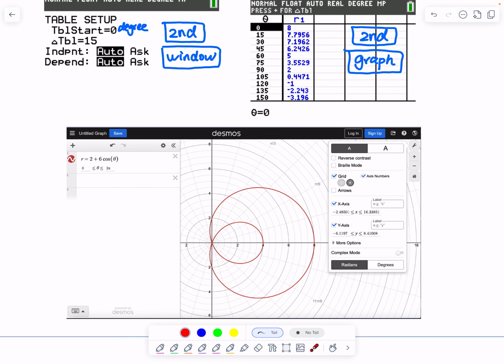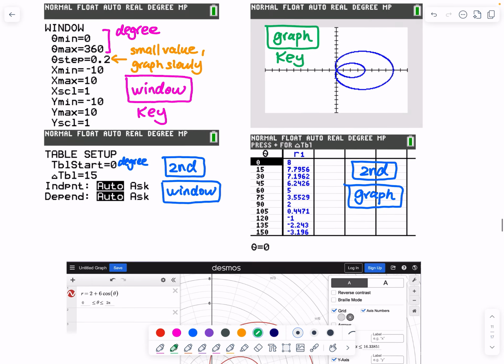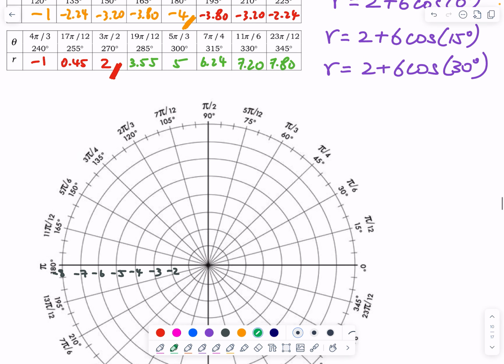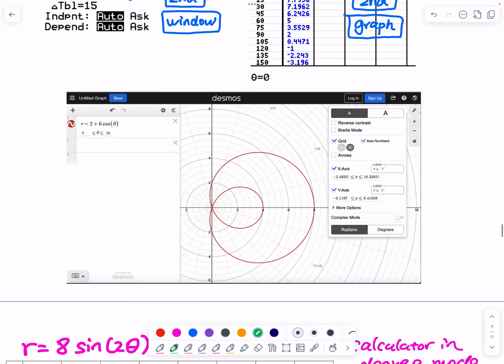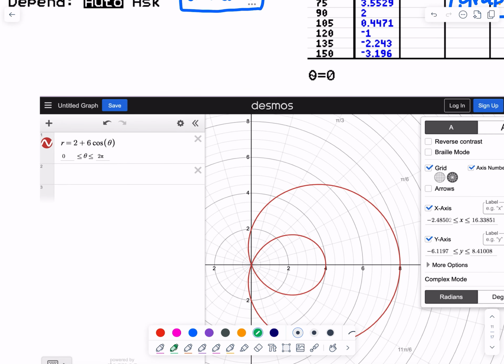And then there is another way to take advantage of this. Do you see that on my graph, this is from 0 and then pi over 12, pi over 6, right? Look, this one is 0. How about you don't input 2 pi, you input pi over 12 first, and it will show you only the piece from 0 to pi over 12.